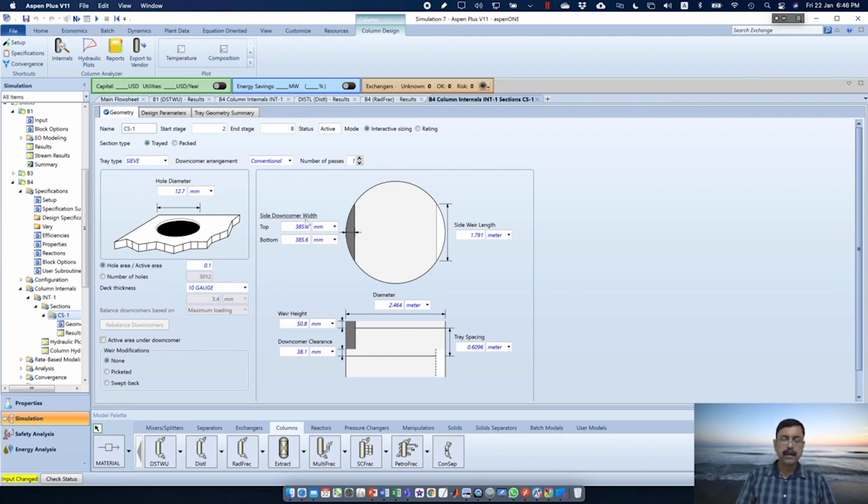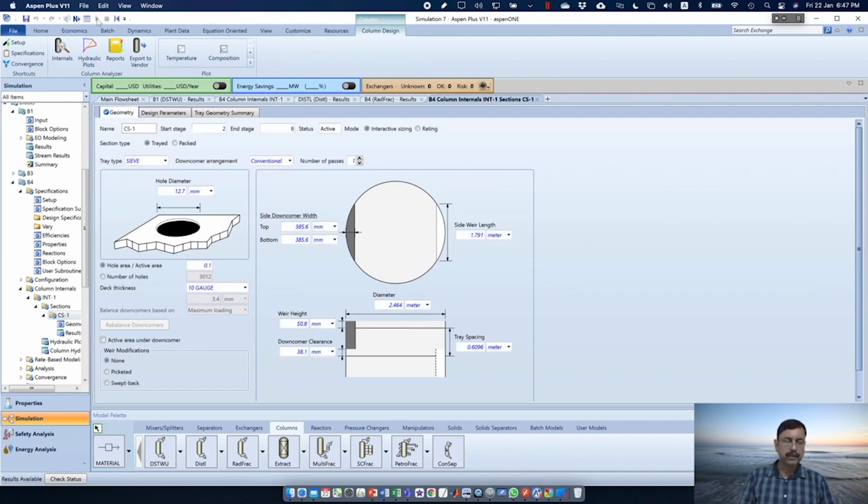What is the side downcomer width, top and bottom, side weir length, weir height, downcomer clearance, diameter, tray spacing, everything is being suggested by Aspen Plus itself. You do not have to give any information. Aspen Plus can do the simulation with this. Later, if you are not happy with the final result, you can do the fine tuning over here. But let us assume that these are correct and you are happy with this. Let us run the simulation.